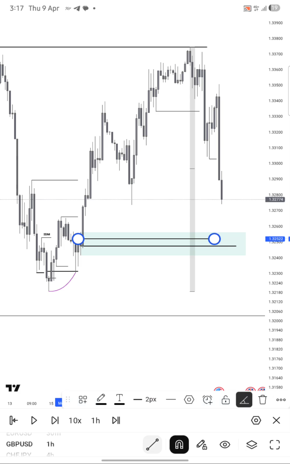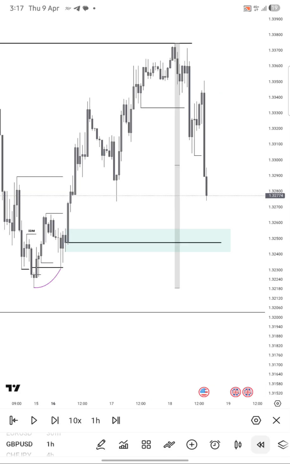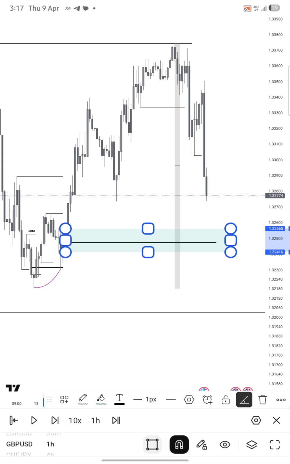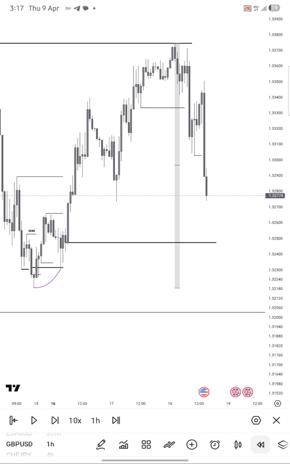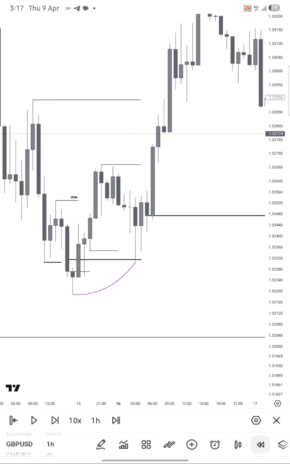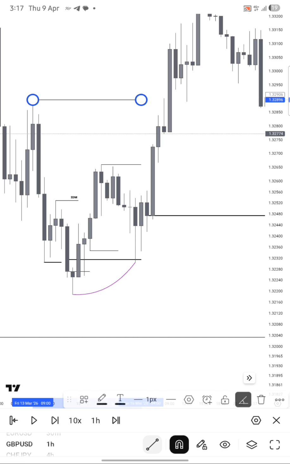It will be different, but in this case we will be using this close level. Okay, so around here we can do this investment in market structure shift for a lower time frame.